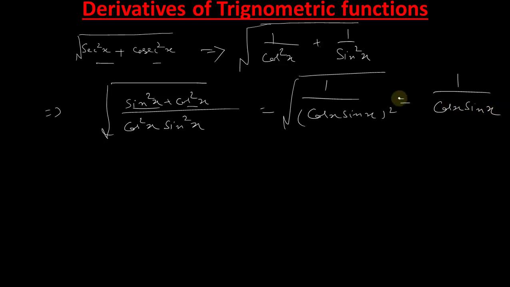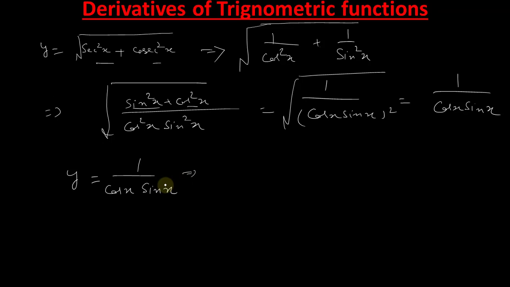So y becomes 1 upon cos x sin x. Now you can find its derivative.